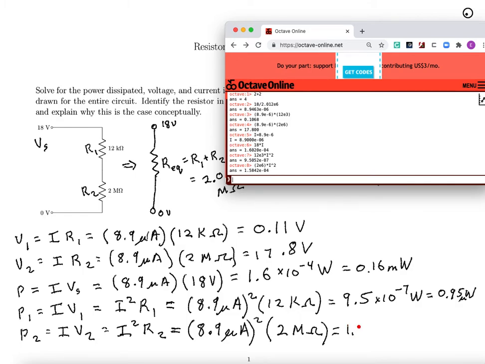That gives 1.58 times 10 to the minus 4 watts, which is 0.158 milliwatt. 158 milliwatt.